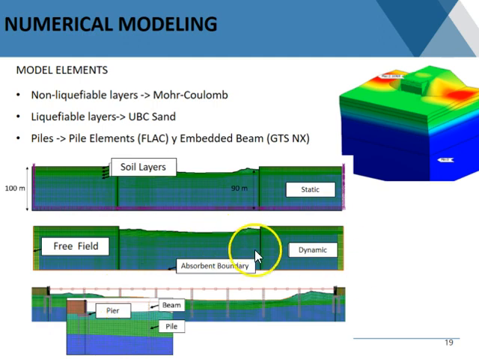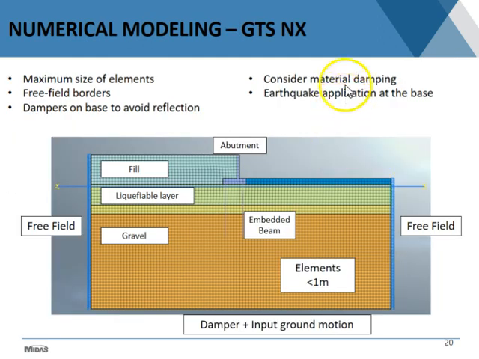So this is the overall view of that model. Now, if you take a look at Midas, the ideas are more or less the same. You have the abutment structure, embedded beam elements to model the piles, then the fill, the liquefiable layer, and then the non-liquefiable one and the gravel.